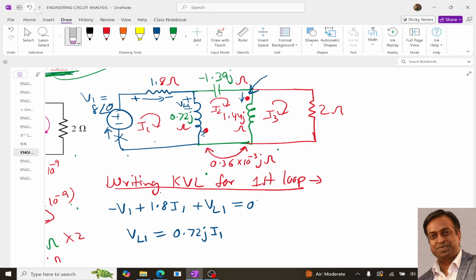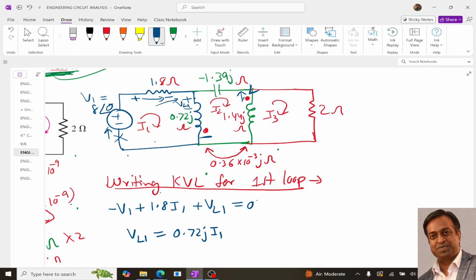But to align the polarity with VL1, what do we need? We need negative at this dot. To have a negative at this dot, instead of current entering, the current should leave the dot.